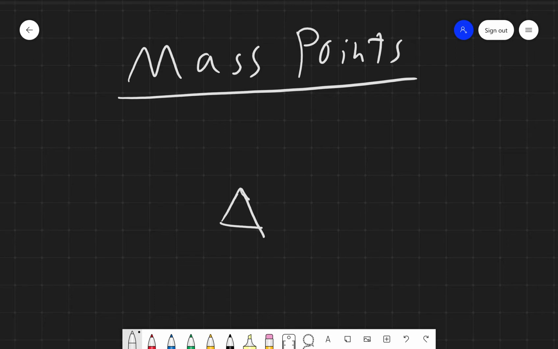So let's talk about it. Let's say this is the fulcrum, like the seesaw. Now there are three important points here. We have the middle point, which is the fulcrum, and then we have the endpoints.